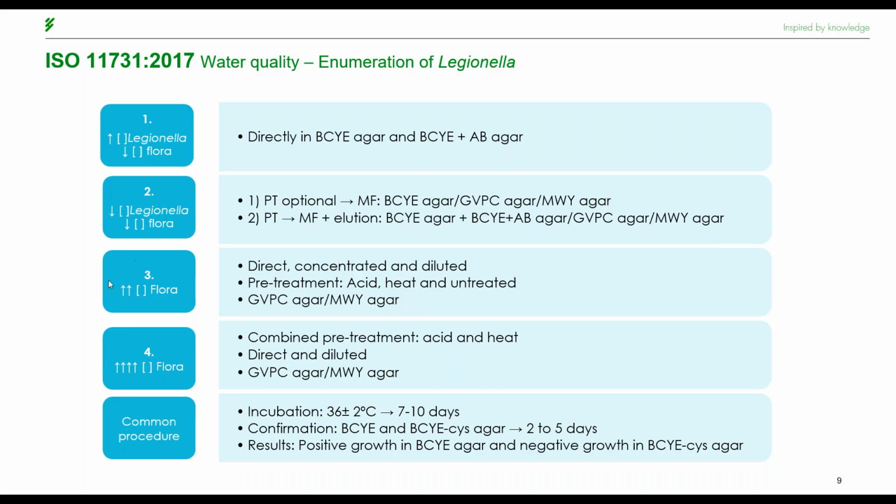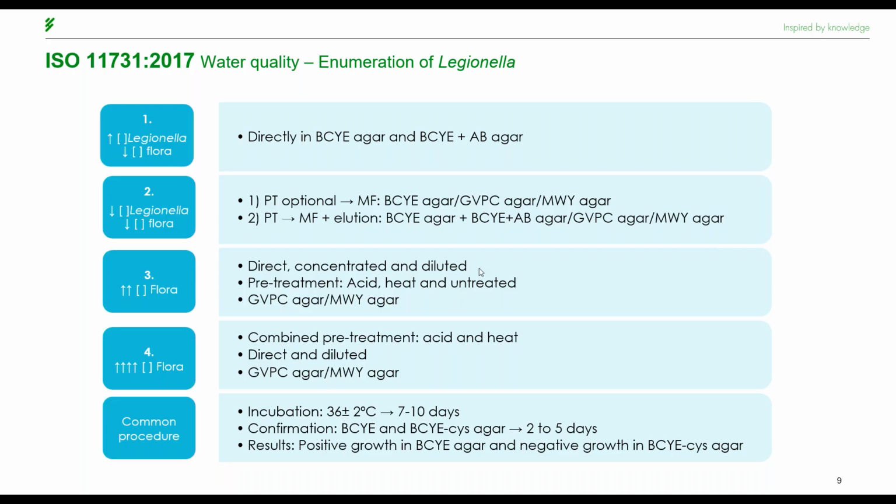So next, we have number 3, which is a high concentration of accompanying microorganisms, and you just don't know the concentration of Legionella. So here, the sample is divided into 3 subsamples: direct, which is untreated, concentrated, and diluted.